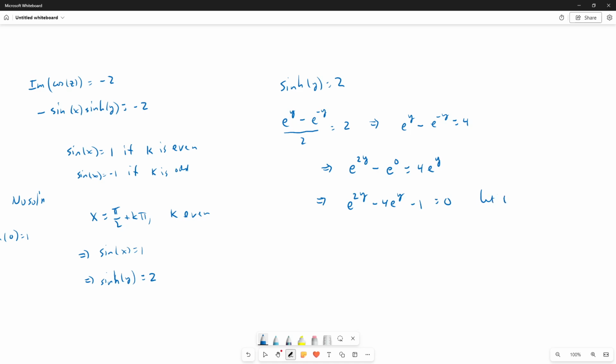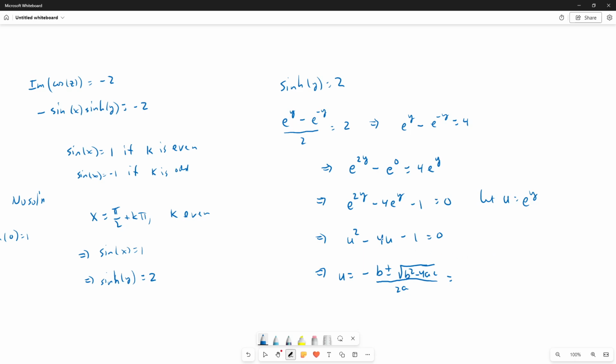Now we're going to let u equal e to the y. So this one is u squared, e to the y quantity squared, multiply the exponents. You get 2y for the exponent. This is u, 4u, minus 1 is equal to 0. Here's a quadratic that does not factor, and so u is equal to negative b plus or minus the square root of b squared minus 4ac all over 2a, using the quadratic formula there.